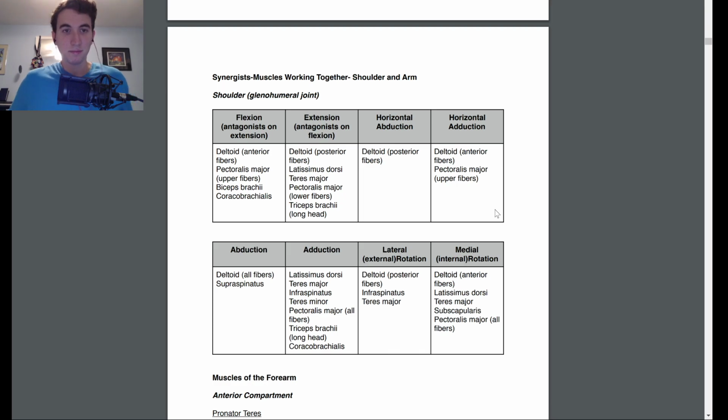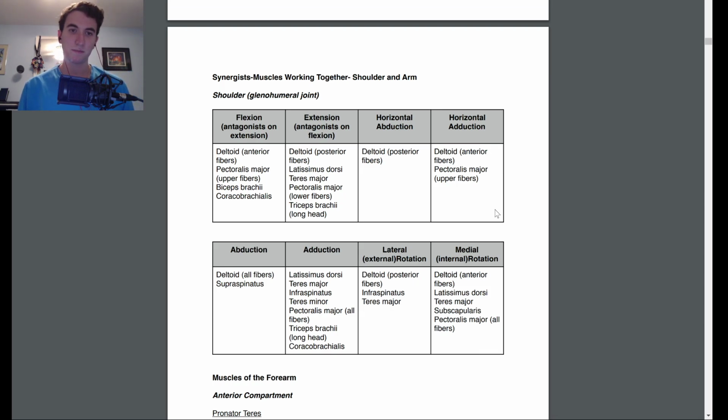Extension antagonizes flexion, and flexion works against extension. Extension muscles: the deltoid posterior fibers, latissimus dorsi, teres major, pec major lower fibers, and the triceps brachii, the long head specifically.